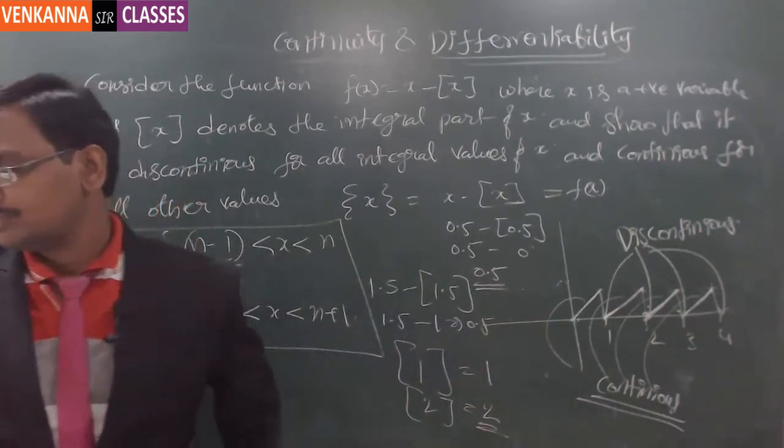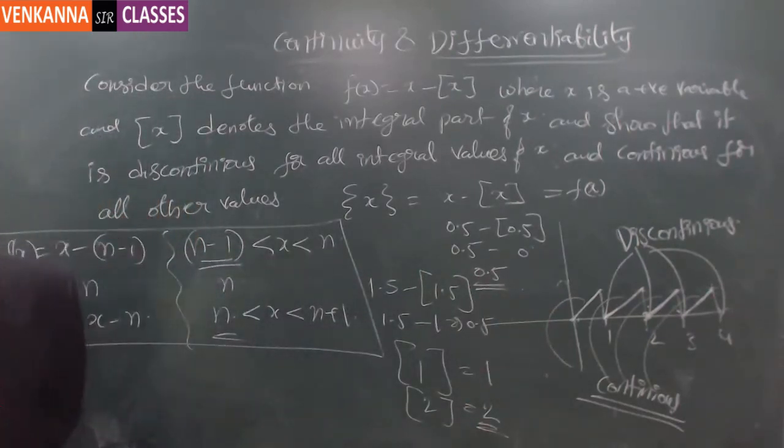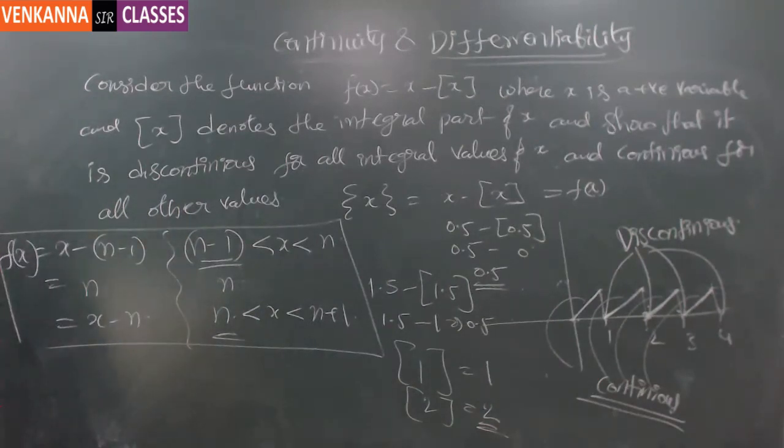Got it? Understood? The tricky part is to identify this function, but graphically you can straight away say that the function is discontinuous at all the integer values. Clear? Any questions on this?